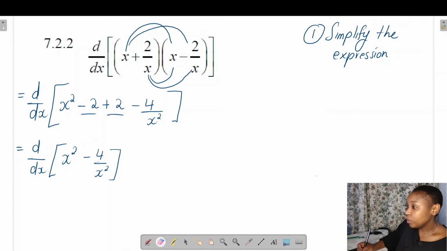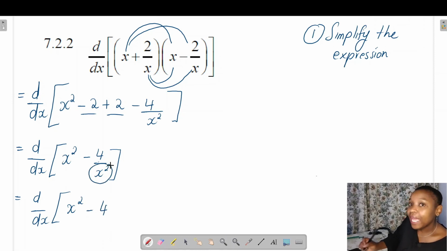The x squared is already in its simplest form, then minus 4. If we move this x squared from the denominator position to the numerator, what happens to the exponent? It becomes x to the power of -2.